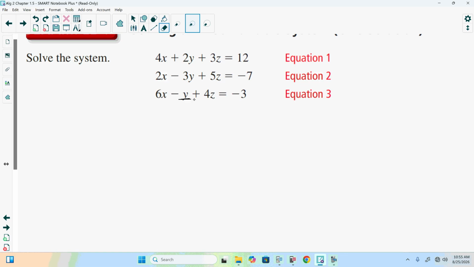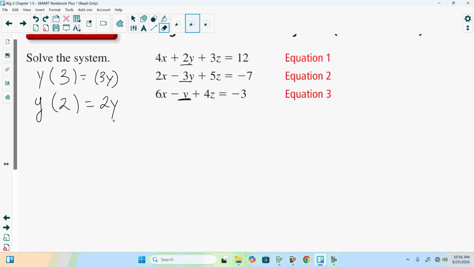Now, if we look at the y terms, the smallest one is 1y. Can we multiply it by something to get to 3y? That would be 3. That would give us 3y, yes? Is there something we can multiply y by to get 2y? 2. So y is also a good choice. We can multiply by a nice number, an integer, to get from y to 2y, y to 3y, yes?